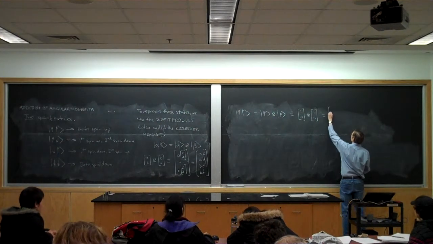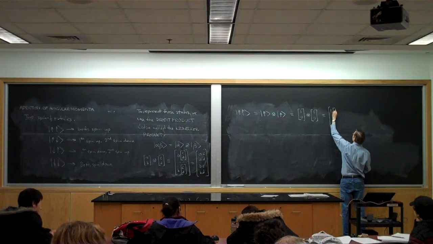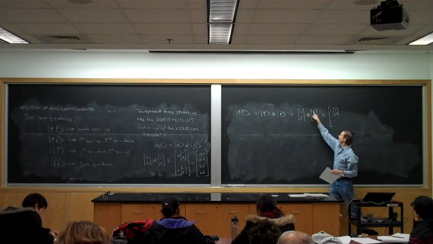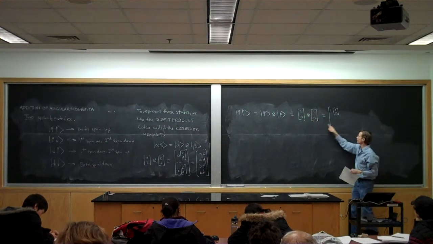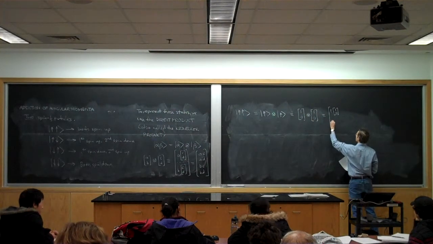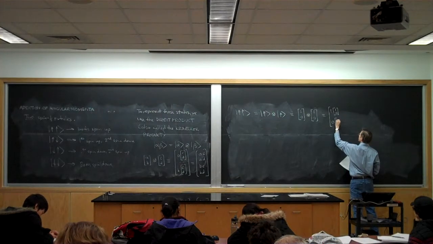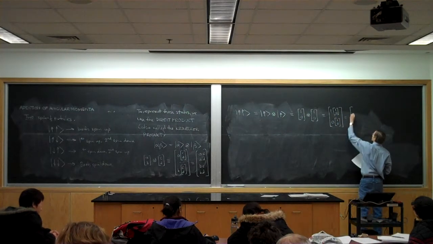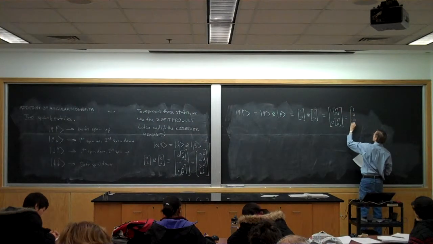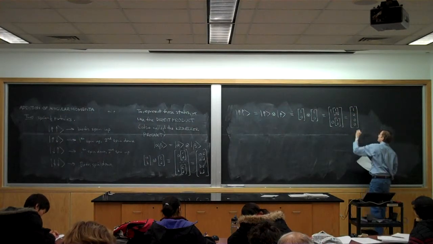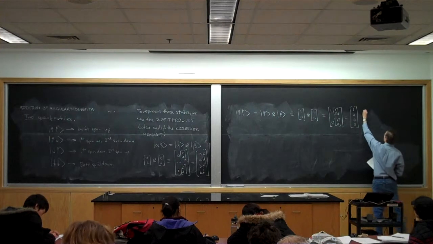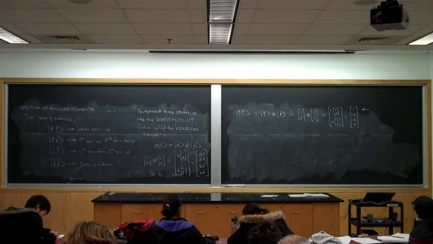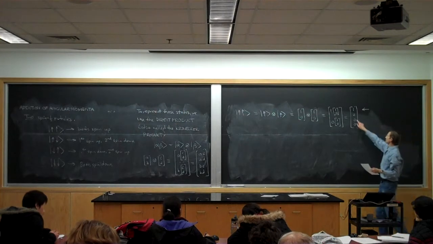So that'll be, top two components are 1 times the second spinor. Bottom two components are 0 times the second spinor. Or in other words, it's 1, 0, 0, 0. From this we deduce that 1, 0, 0, 0 represents both particles being spin up.